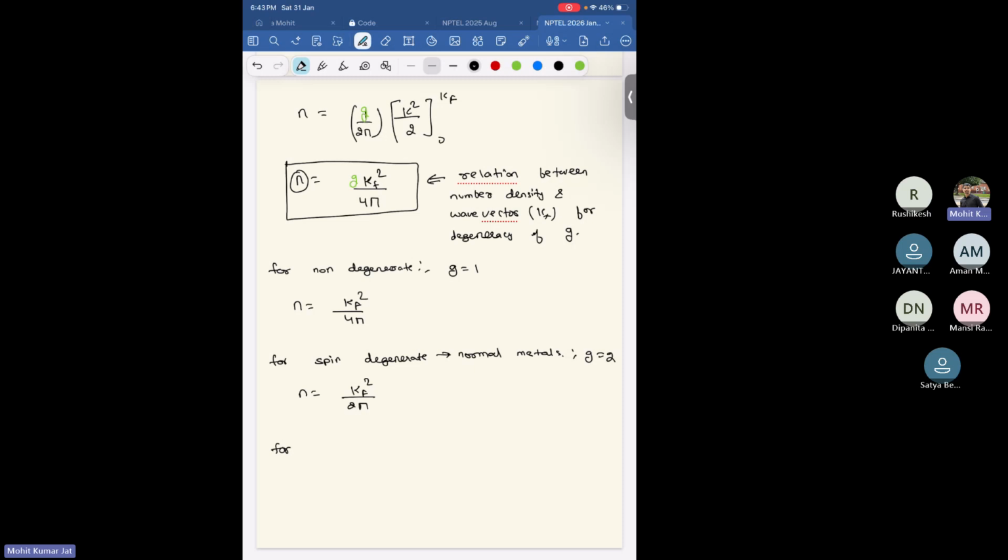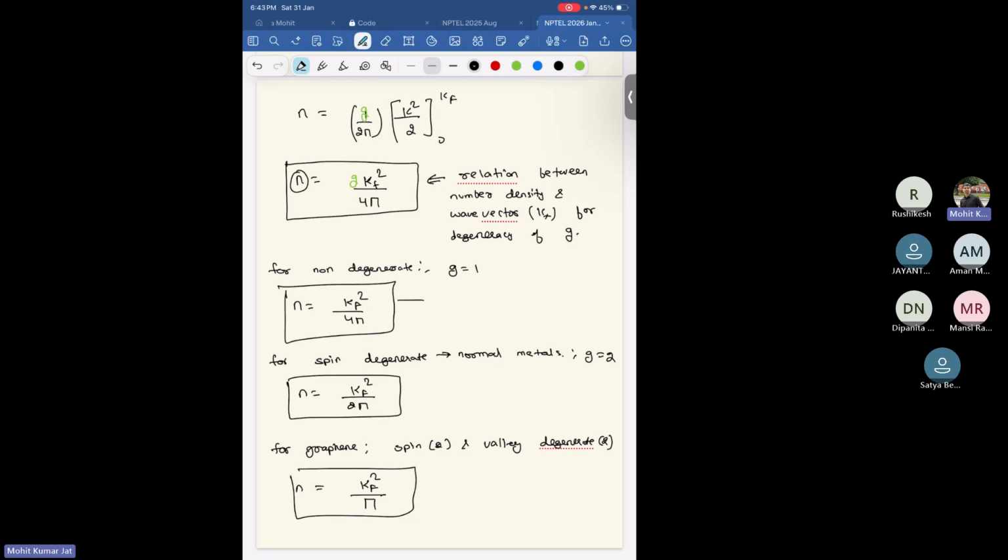And for graphene, which is a two-dimensional material, spin and valley degenerate, there's a spin degeneracy of 2 and a valley degeneracy of 2. So you get n equals kf square by pi. So these are the three different cases. The question asks for the first case, but in general the question can be asked for g equals 2, or n times degenerate, or graphene. So this should be your answer.